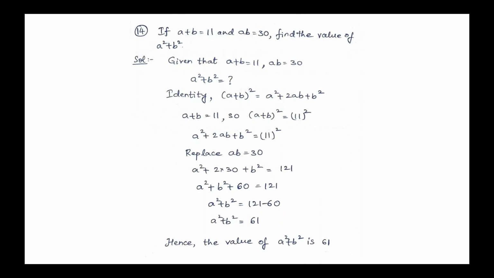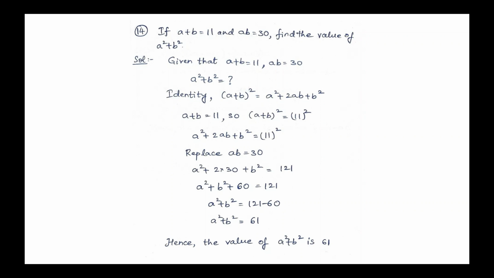Question 14 is, if a + b = 11 and ab = 30, find the value of a² + b². The solution is, we are given that a + b = 11, ab = 30. We need to find the value of a² + b². We know the identity (a + b)² = a² + 2ab + b².